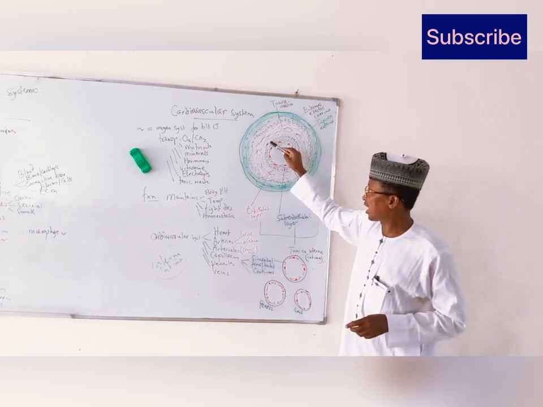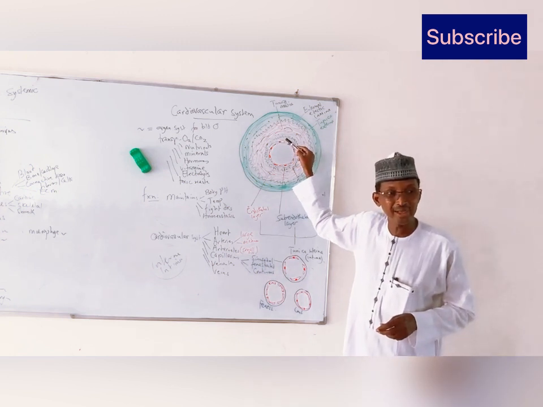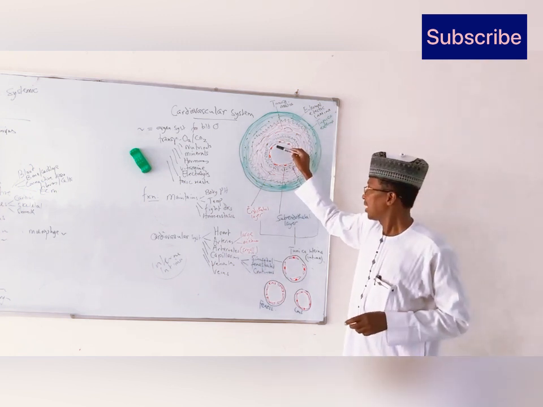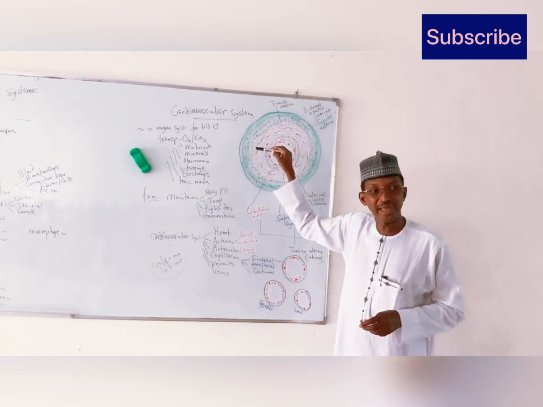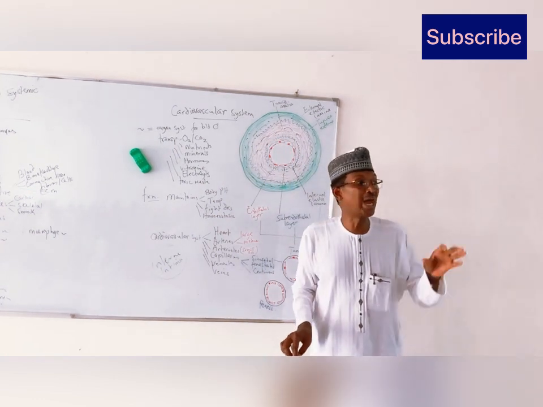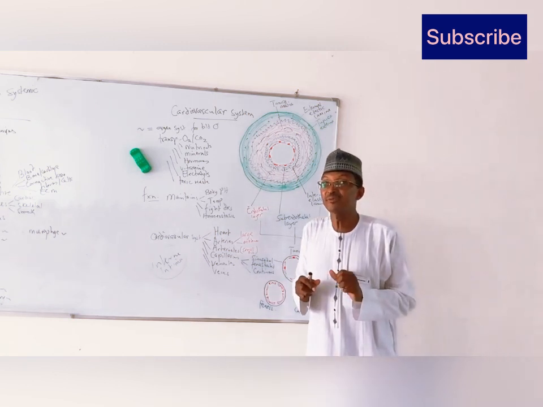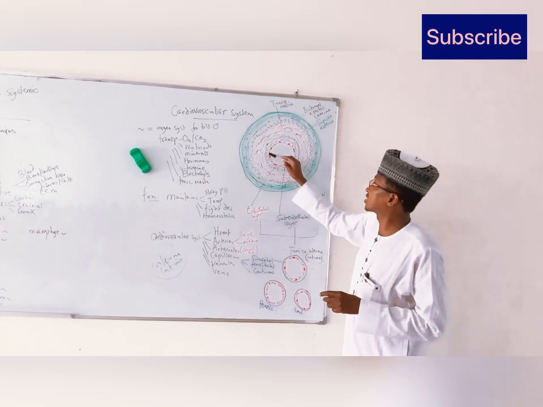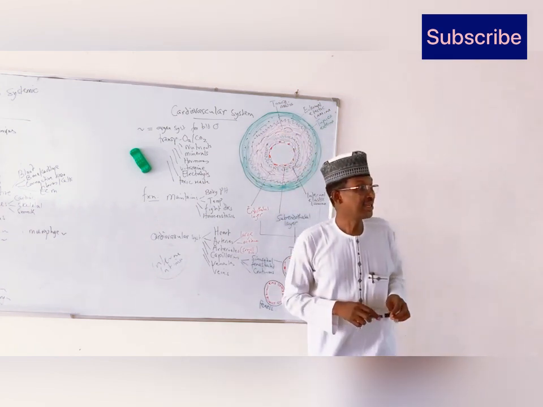Similarly, the internal elastic lamina, which is part of the tunica interna, and also the external elastic lamina, the two together may or may not be present with regard to the veins. So mostly in the veins, you may not see the internal and external elastic laminae.